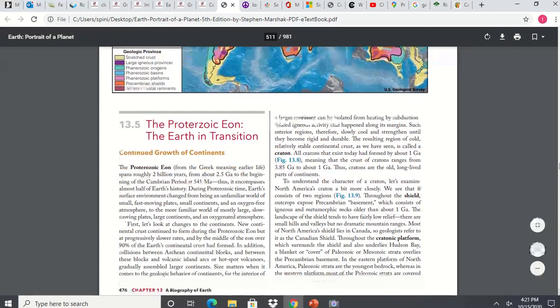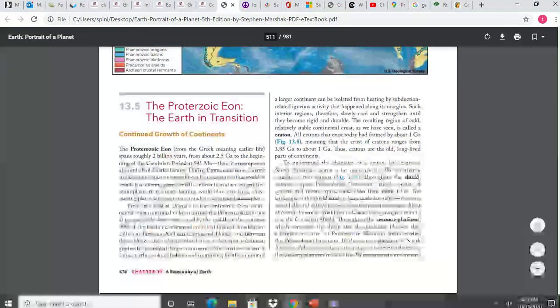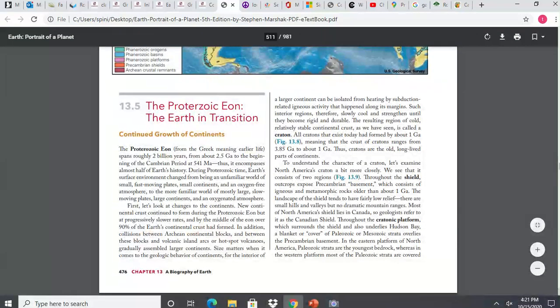The next eon is called the Proterozoic eon, and the Earth is changing quite a bit. We're going to see quite a few changes. We're going to look at changes in the continents, how the continents now are growing, getting larger, how continents are moving and forming larger groups of continents, and then breaking apart and rearranging themselves over periods of time.